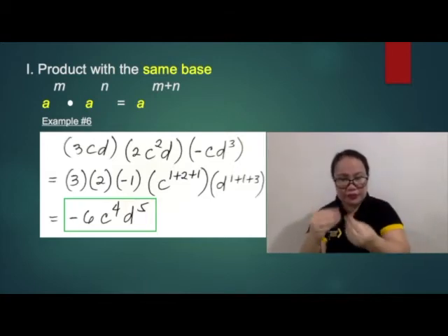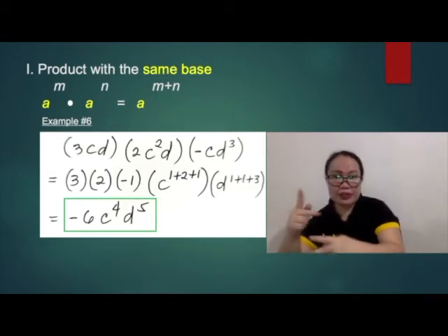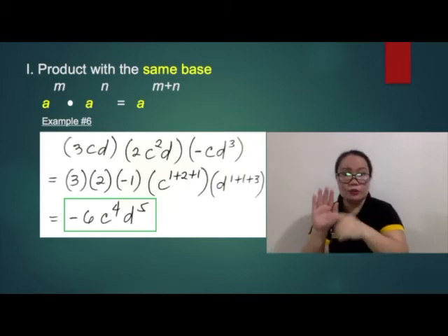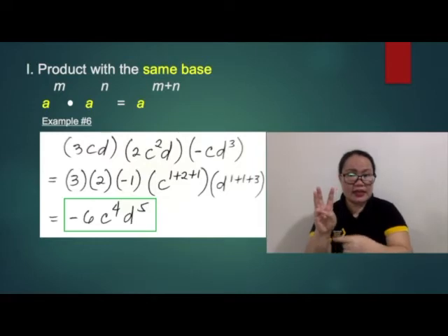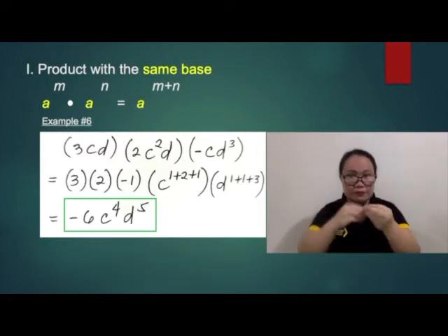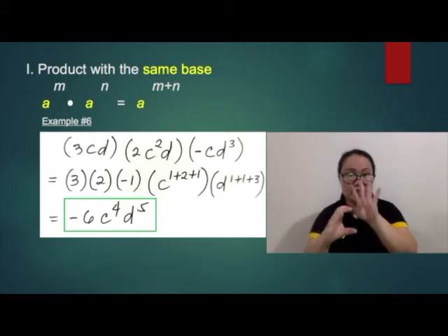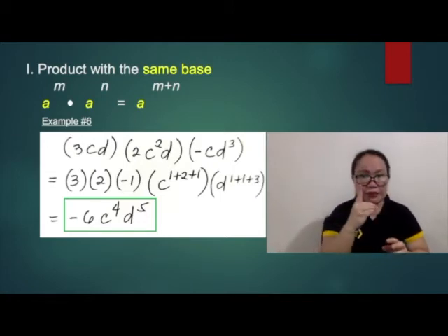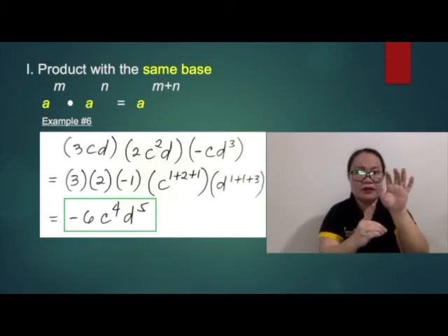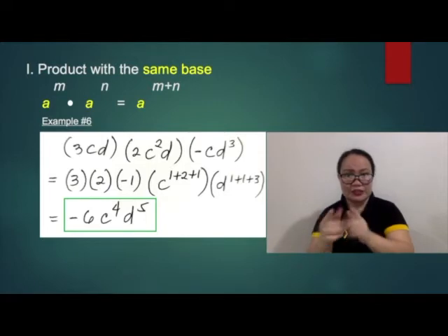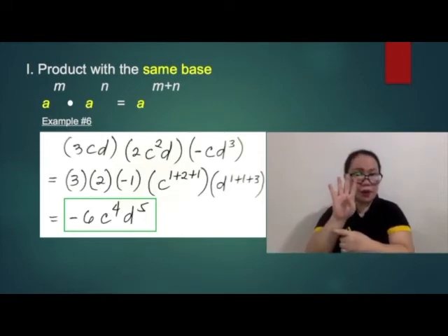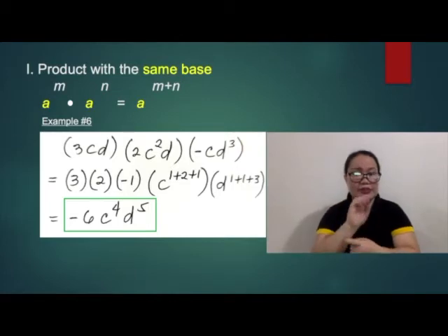So we'll simplify this further. 3 times 2 times negative 1 is equal to negative 6. The added exponents of c equal 4, c to the power of 4. And for d, the exponent is 5. So the final answer is negative 6 c raised to the power of 4 d raised to the power of 5.